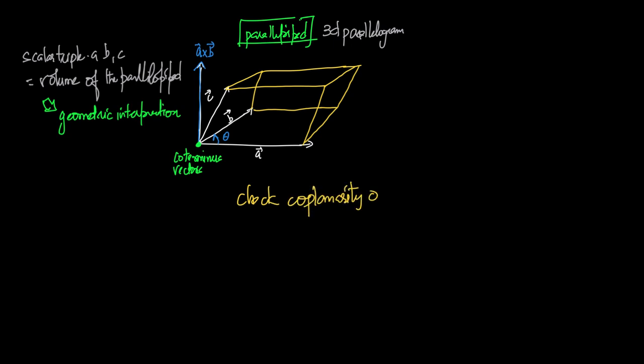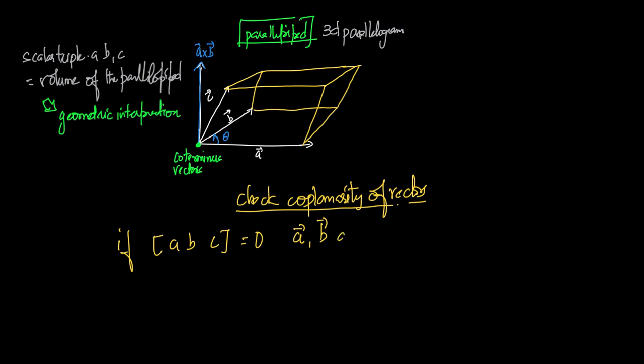What do we mean by that? If the scalar triple product ABC is equal to 0, then it means that vector A, vector B, and vector C are coplanar vectors.